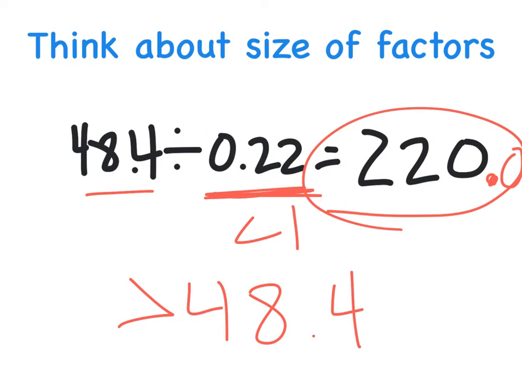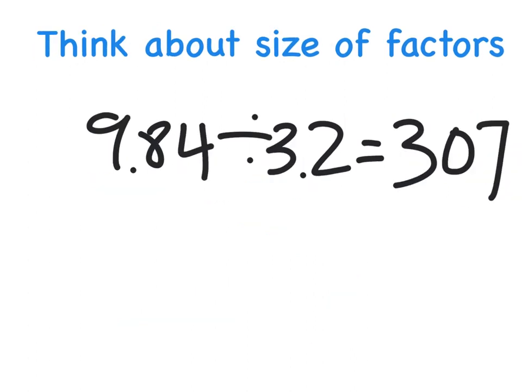Now you could also estimate for this as well to figure out where that decimal point goes. Again, we can here think about the size of our factors. I know that this is greater than 1 and this is greater than 1, so it's going to follow our normal division rules, and my answer should be less than 9.84, but in this case that could be 3.07 or it could be 0.307.